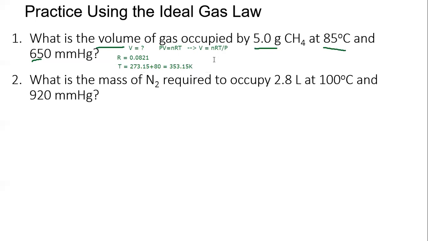Pressure needs to be in atmospheres. So the way we do that, since we're starting with millimeters of mercury, we need to divide by 760, because 760 millimeters of mercury equals 1 atmosphere. So that's the conversion here.